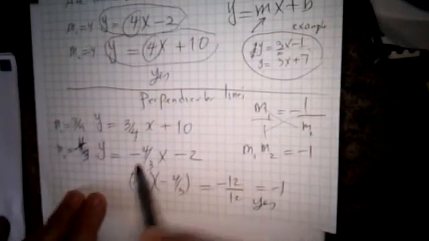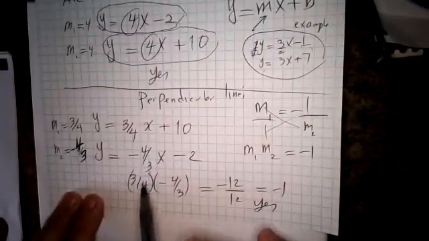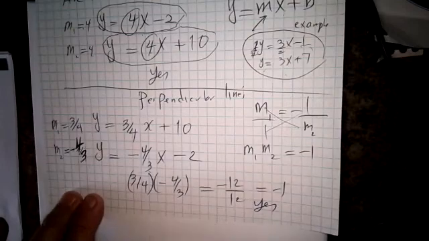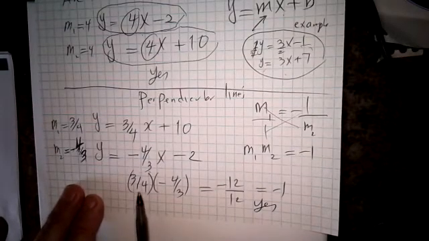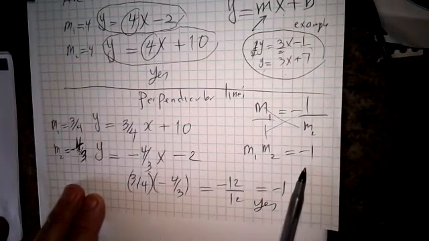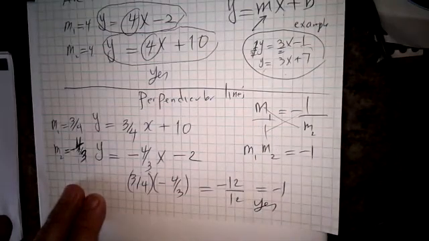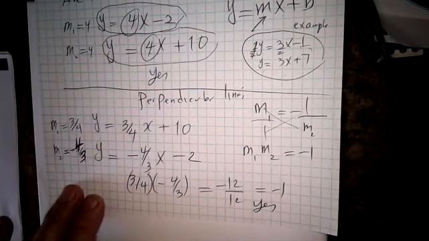The slope of one is -4/3, the other one is 3/4. They are opposite and inverse of each other. If two lines have slopes whose product is -1, or one is the opposite reciprocal of the other, then those two lines are perpendicular lines.